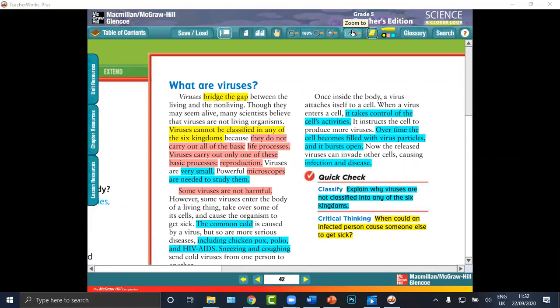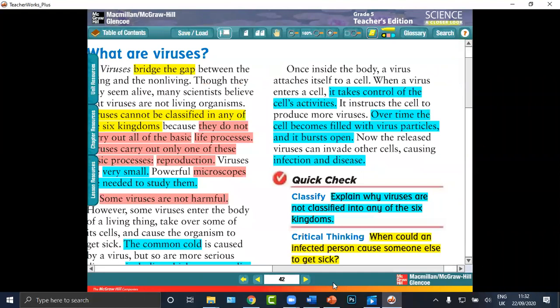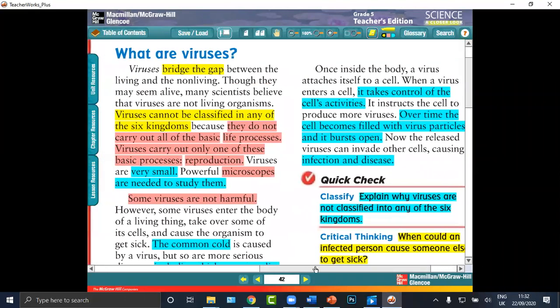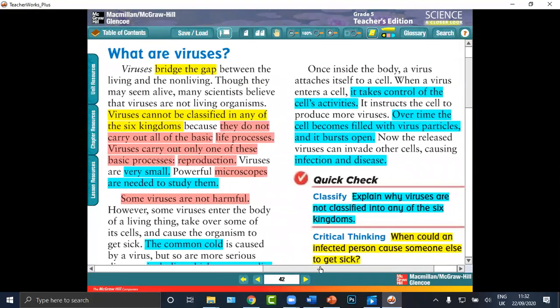What are viruses? As we said, they bridge the gap between living things and non-living things. Viruses cannot be classified in any of the 6 kingdoms. Highlight this point: what are the reasons?